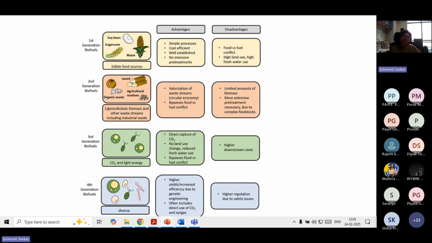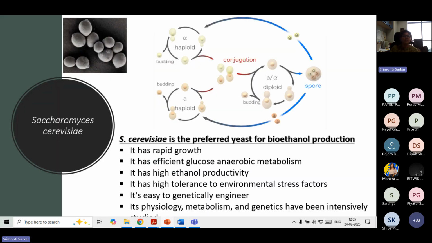If we can engineer yeast and make them more efficient, then we would make the process of biofuel production more efficient. So this brings me back to yeast, Saccharomyces cerevisiae.